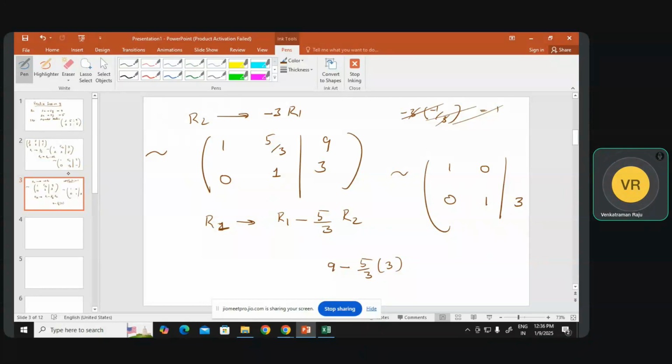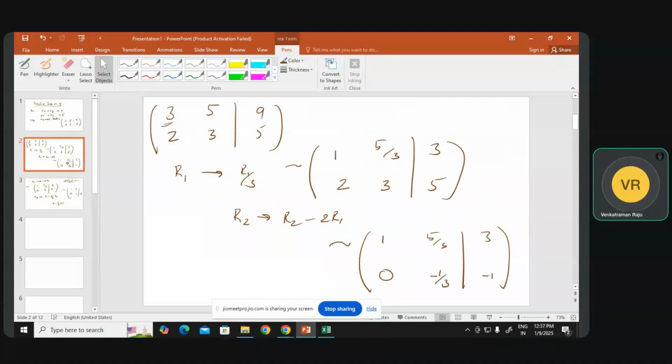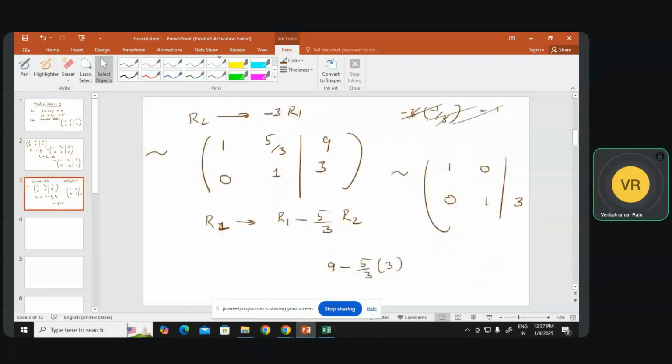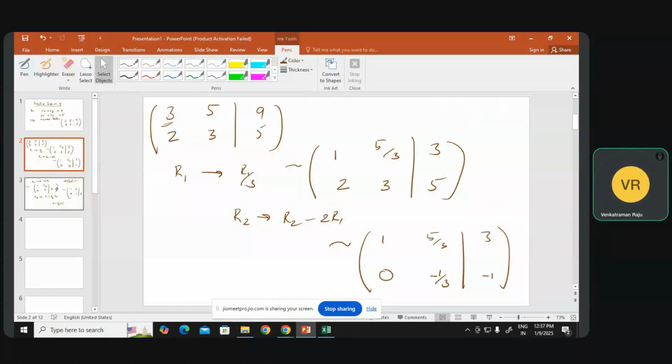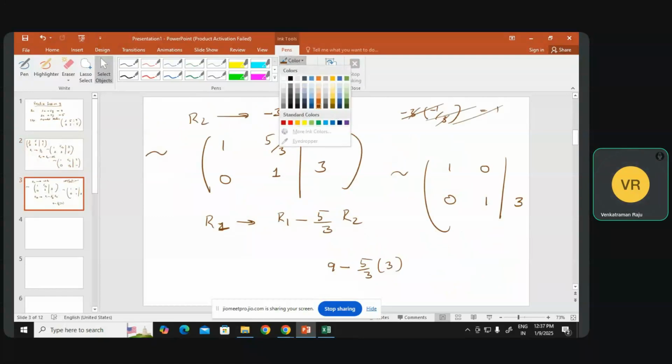Did we make a mistake somewhere? It was 3. Why did I write 9 here? I think I made a mistake. If we follow it from the beginning, I think in the previous step it was 3. So it should have been 3. I should not say 9 here.